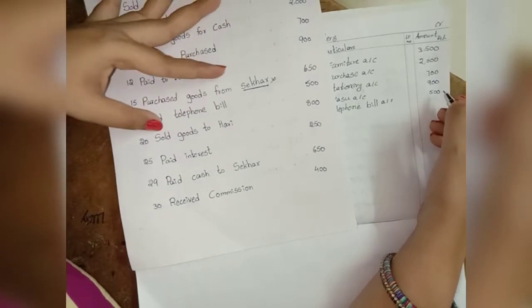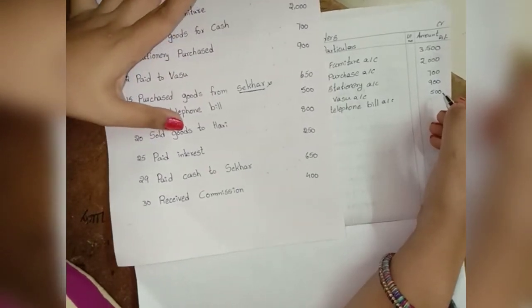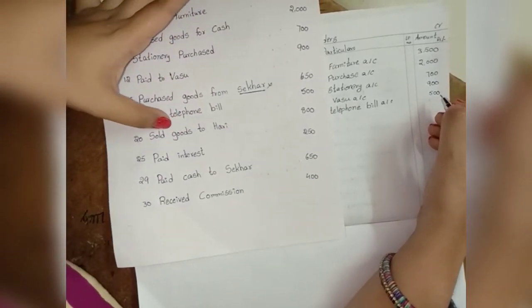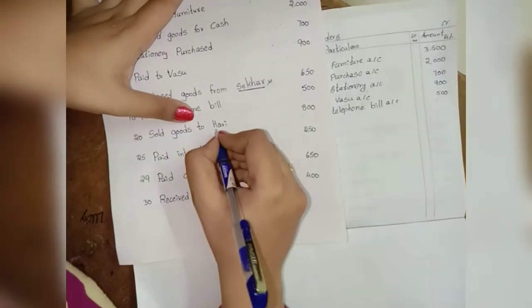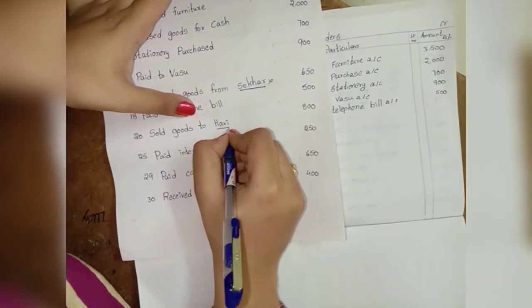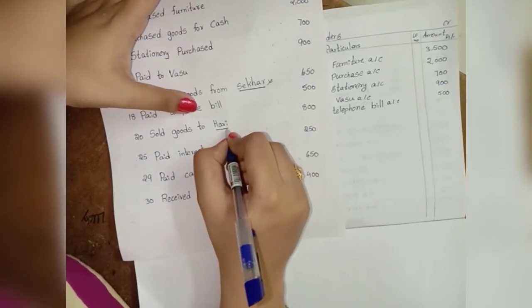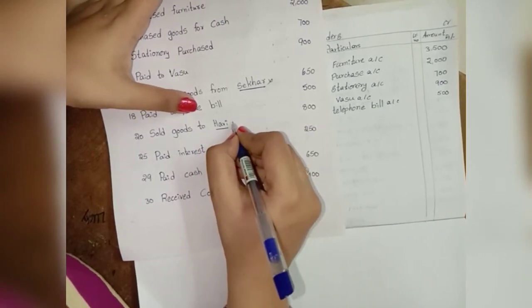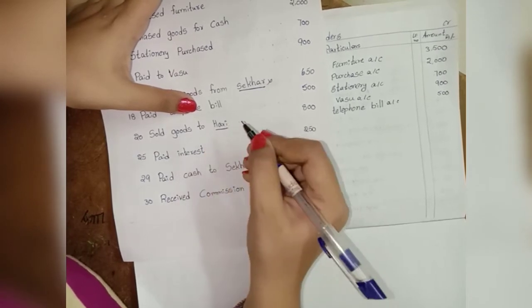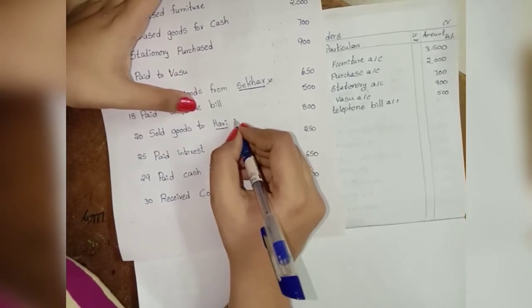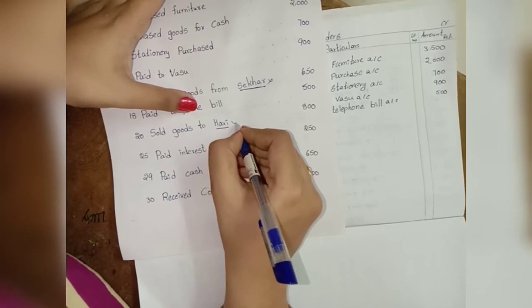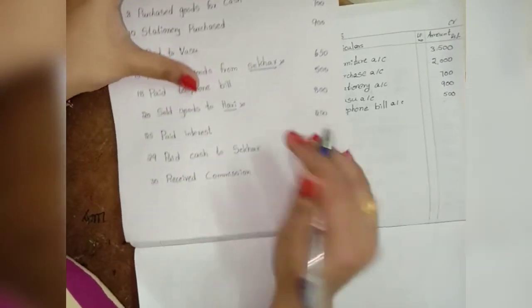And next, sold goods to Hari. Here also the name is mentioned. So while the name is mentioned, it is a credit transaction, not a cash transaction. So credit transactions do not enter into the cash book.